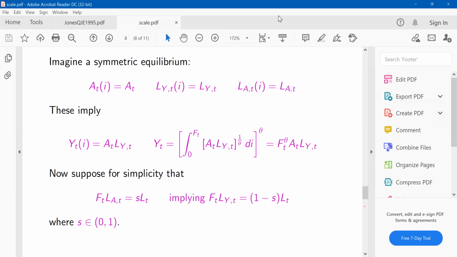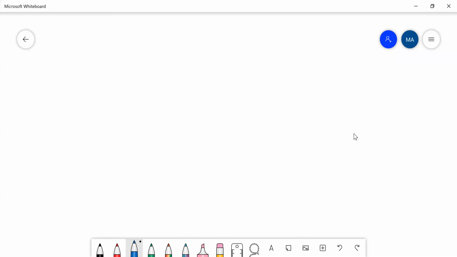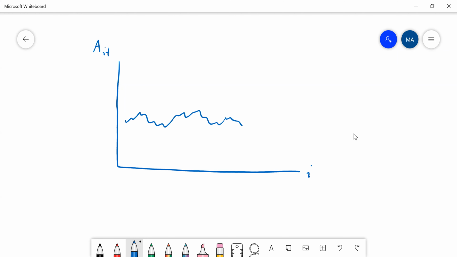Remember our understanding of technology as a two-dimensional process. There is this existing distribution, and there are new firms. These are F_T dot, and then there is also A_T dot.